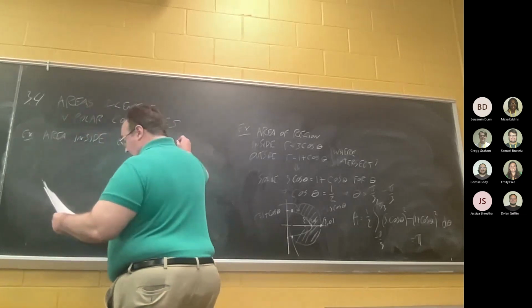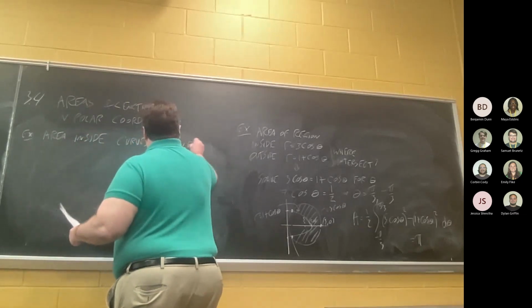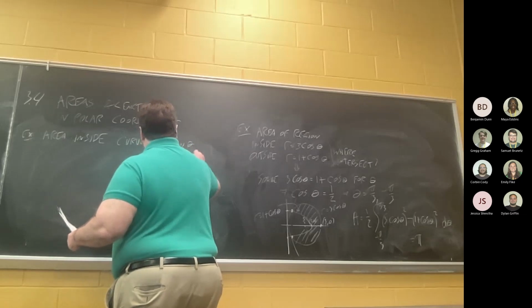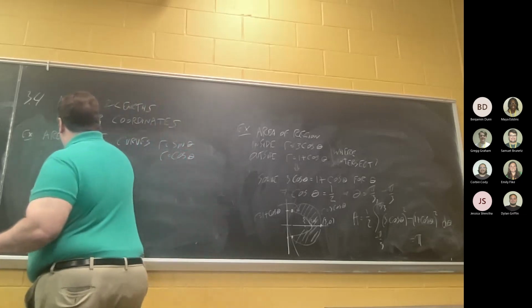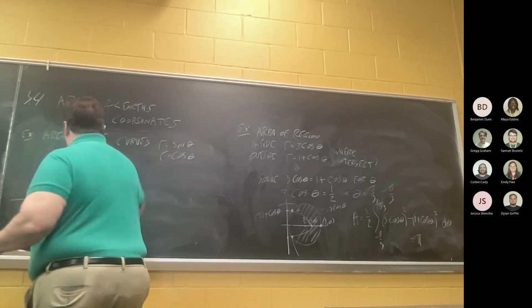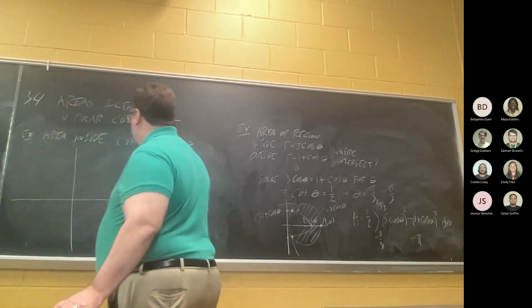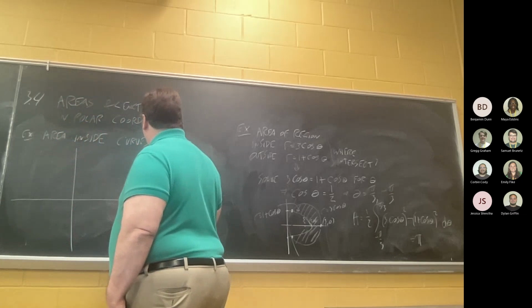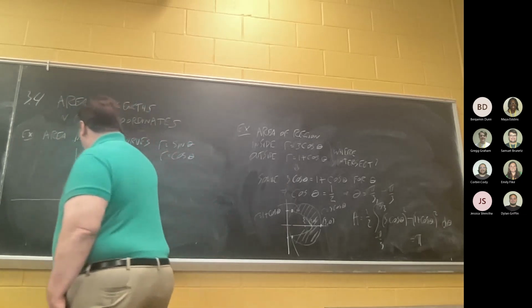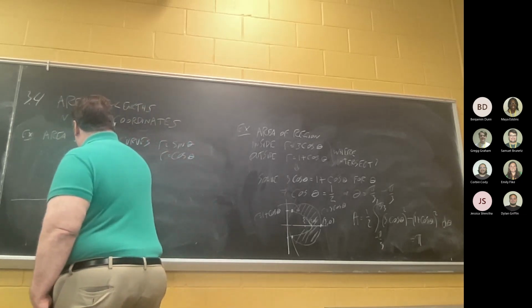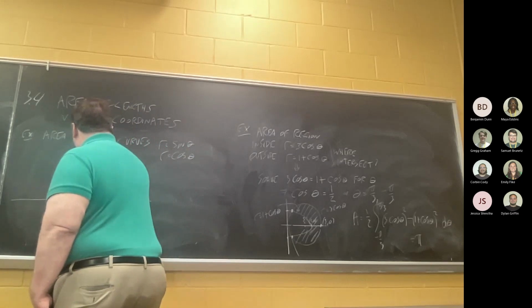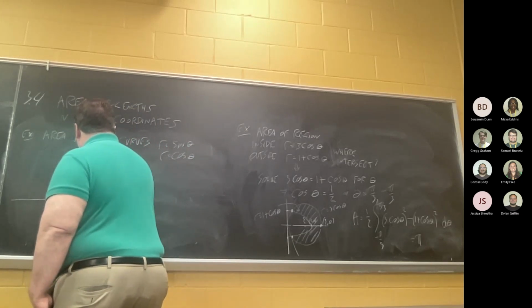Curves r is equal to sine theta, r is equal to cosine theta. Now, what I mean by that is, if I were to draw these two, r equals cosine theta is a circle with its center on the x-axis.